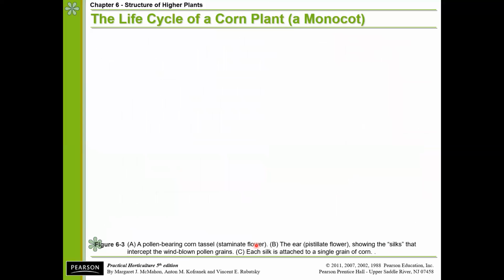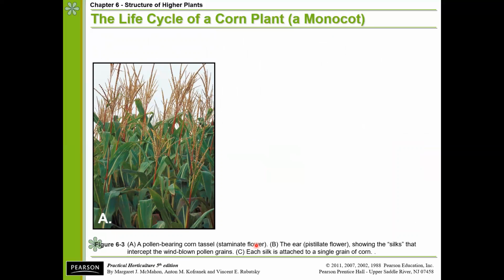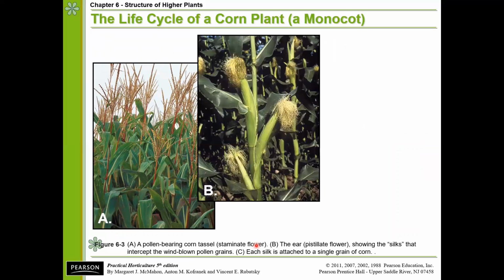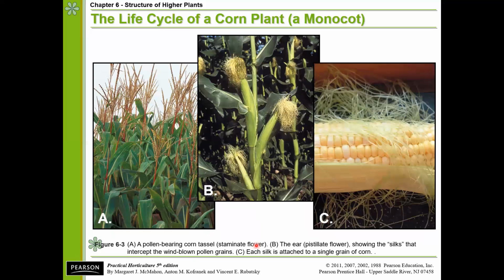And corn is also an example of a plant that is monoecious, meaning both sexes are on the same plant, but it has what we would call imperfect flowers, because the flowers don't have both male and female parts on the same flower. They're on different parts.